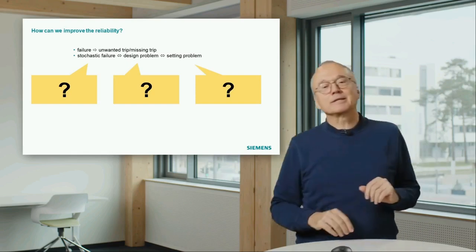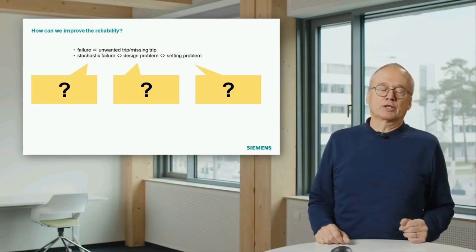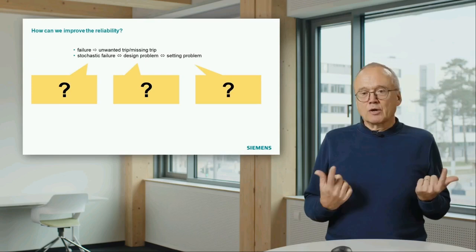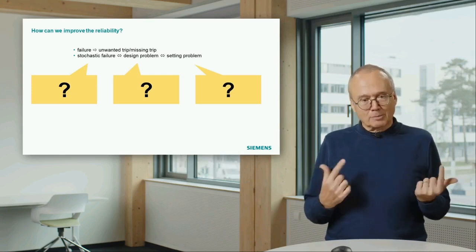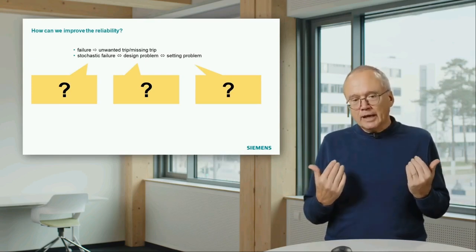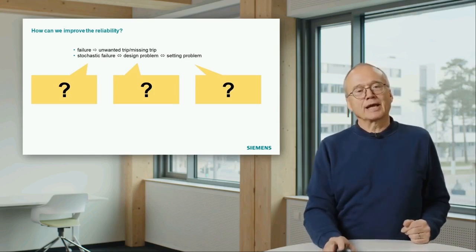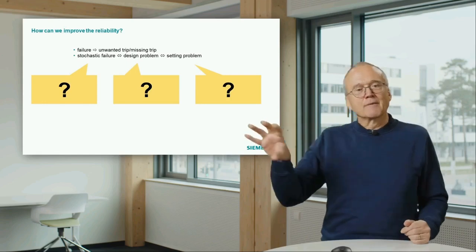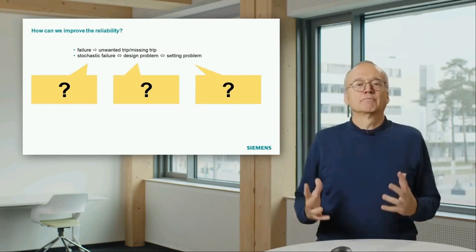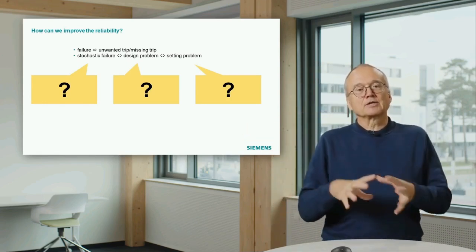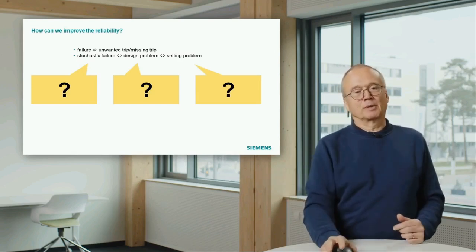And we have a little bit a similar situation in protection. We have to look, where do problems come from and where should we do something to improve the situation. And there we have to look at these three classes of problems: stochastic failures, design problems, and setting problems.